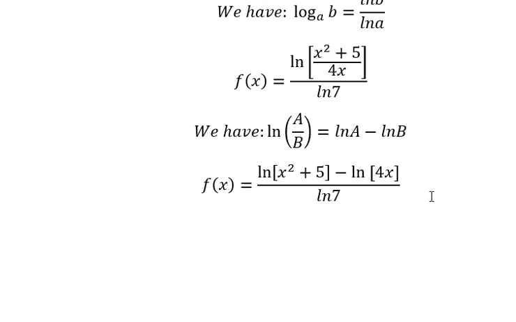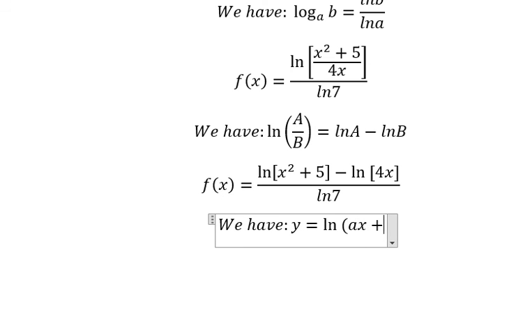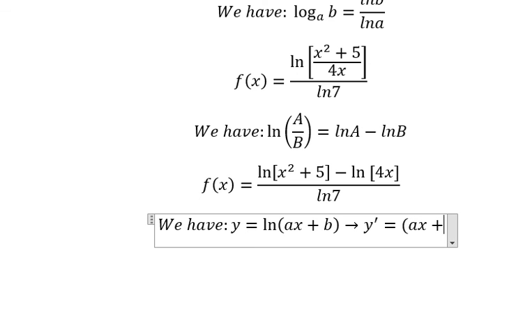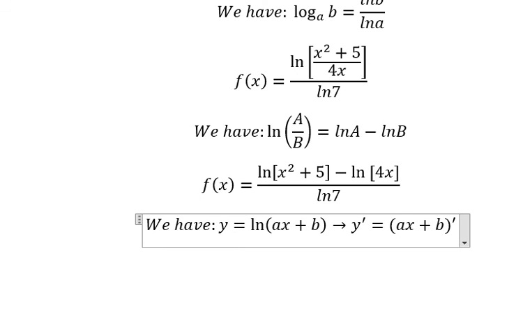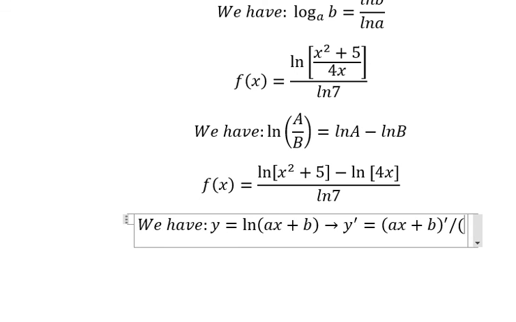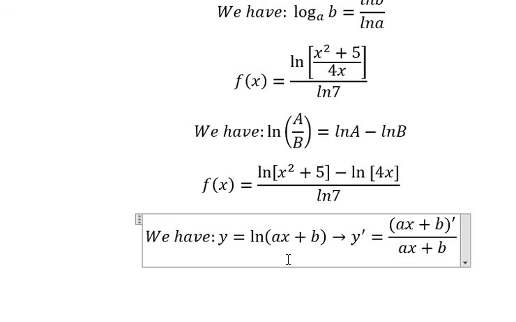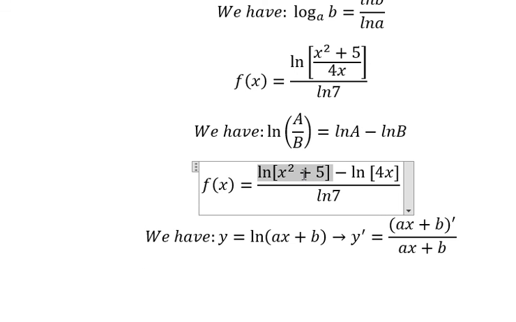Now we have the next formula in here. We have y equals to ln of as plus b. If we do first derivative, we will have about the derivative of as plus b, we continue to do first derivative over as plus b. So we apply this formula, go in here and here.